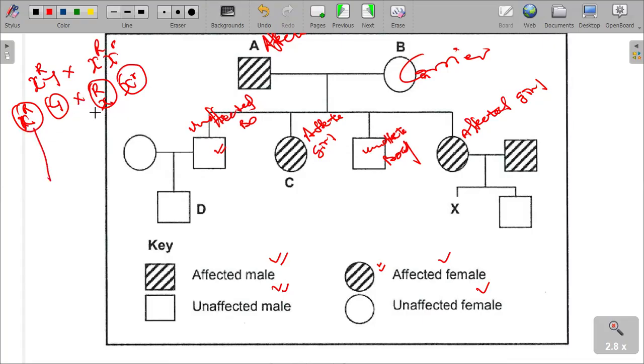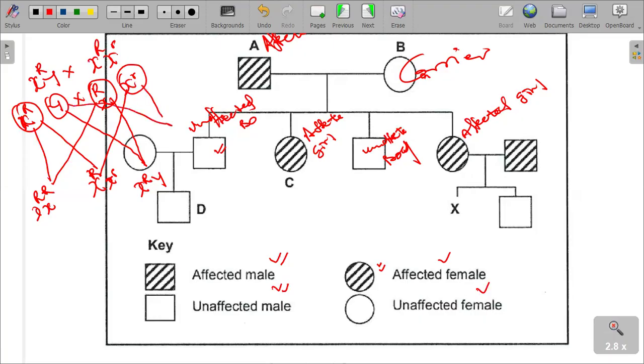We cross this XR with this XR, giving XRXR, then this X crossed with that X giving XRXr, and then this X with this Y, giving XRY.